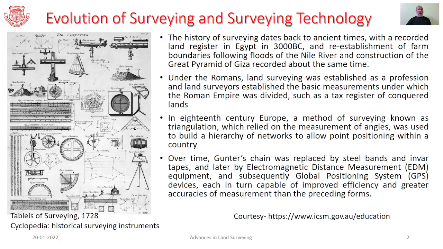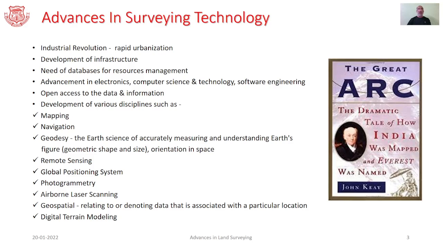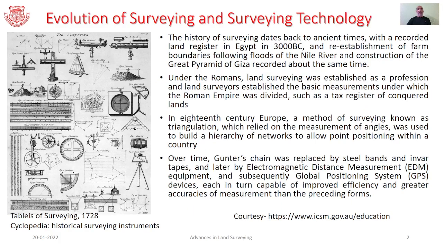So, as this slide is depicting this instrumentation from the Cyclopedia associated with historical surveying instruments, you can understand the life of the techniques that are also being used even today.